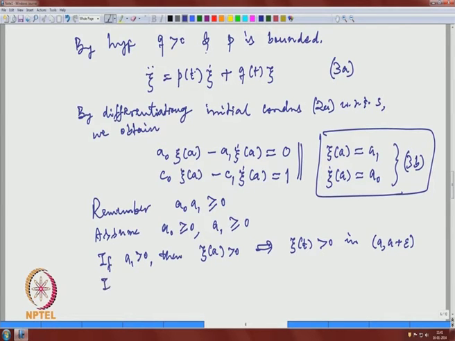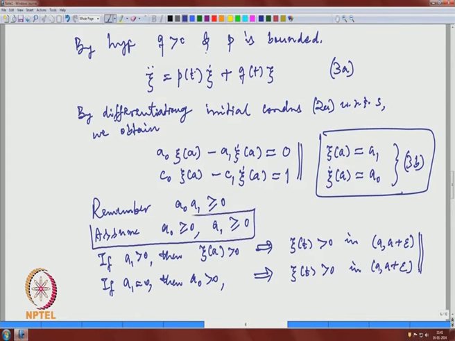And if A1 is 0, then A0 is positive by our choice, and look at the second condition, J dot of A equal to A0, A0 is positive. So, J is again increasing. So, again that implies J of T is positive in some A to A plus epsilon. This epsilon may be different. What we are trying to say here is J remains positive with this assumption.